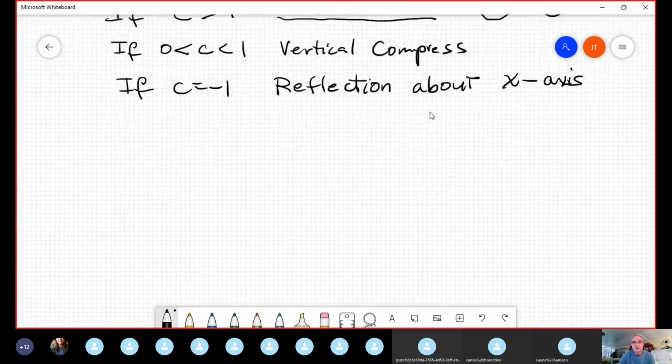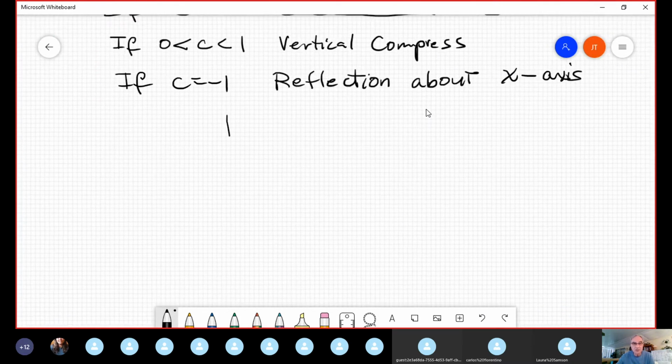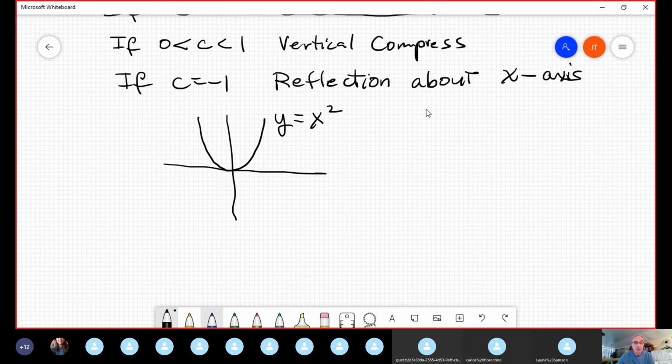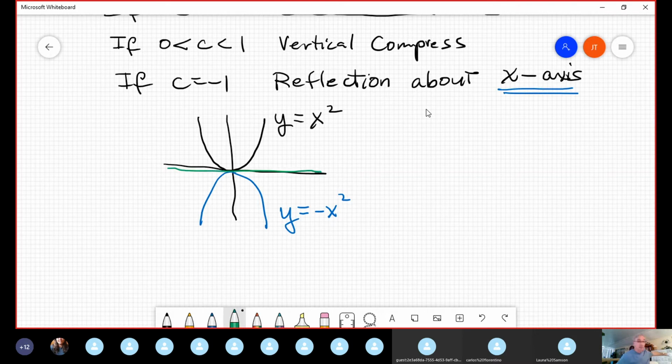It means if my basic parabola is like that, this is y equal x squared, for example, and my new parabola is like that. Let me change the color. This is y equal minus x squared. When the coefficient is -1, the reflection occurs, and the x-axis behaves like a mirror.